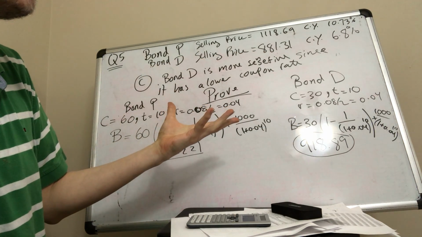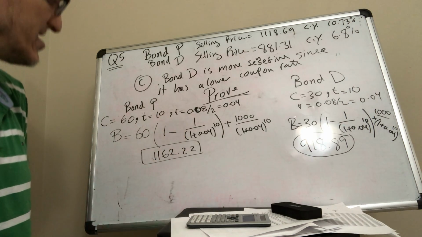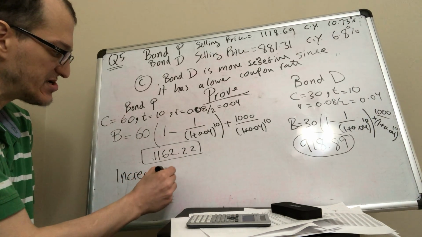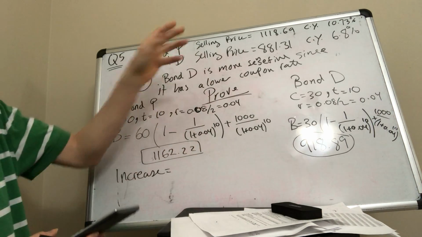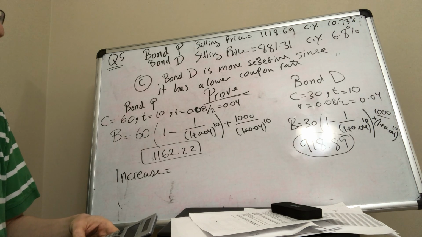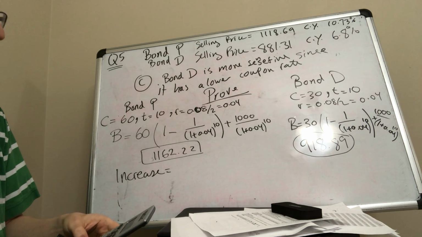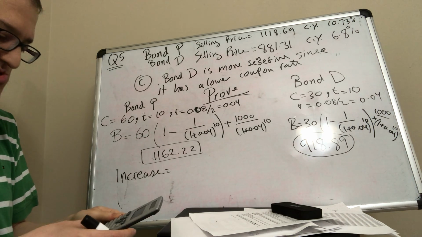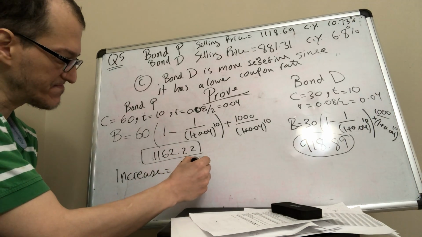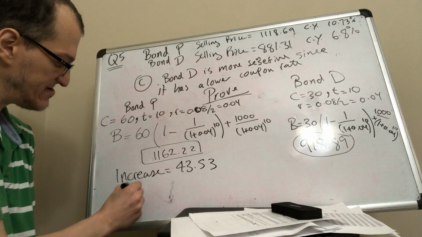So which one changed more? Here, there is an increase of, we take the difference, 11,622 minus 11,1869. So there is an increase of about $43.53.